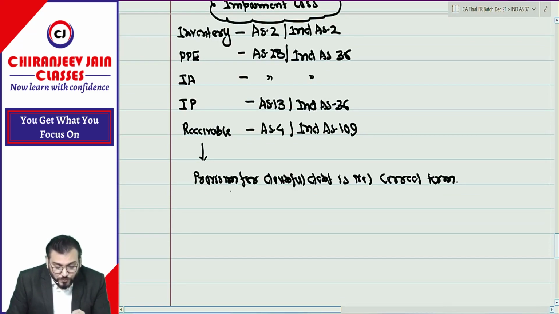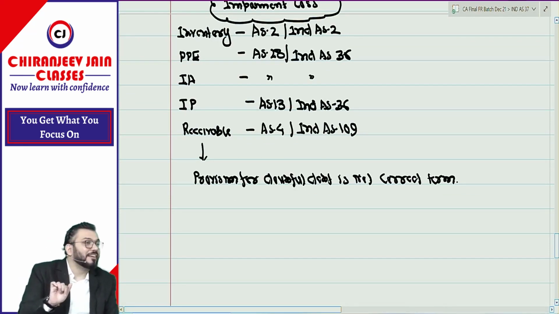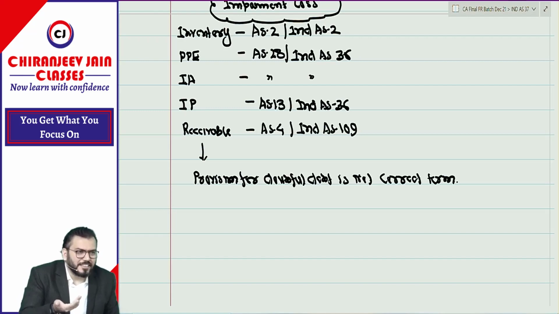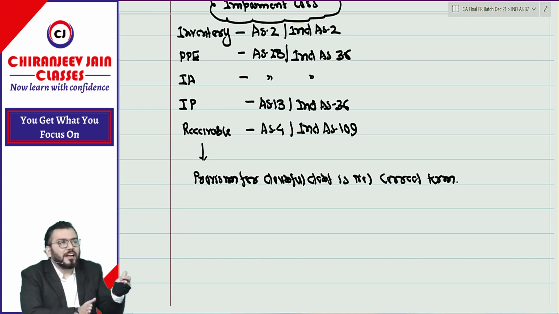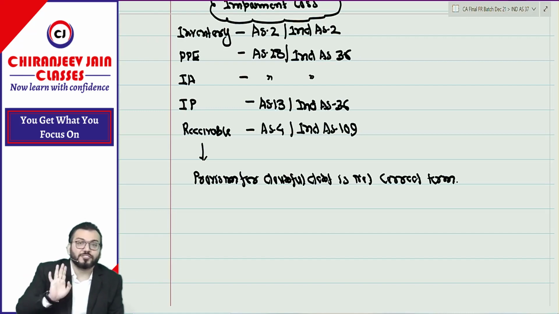So you will find out there is some account which is used for this particular thing, provision for doubtful debt. Now it is known as what? Now it is known as expected credit losses or allowance for bad or doubtful debt. So we will not use the word provision, we will use the word allowance. Correct?